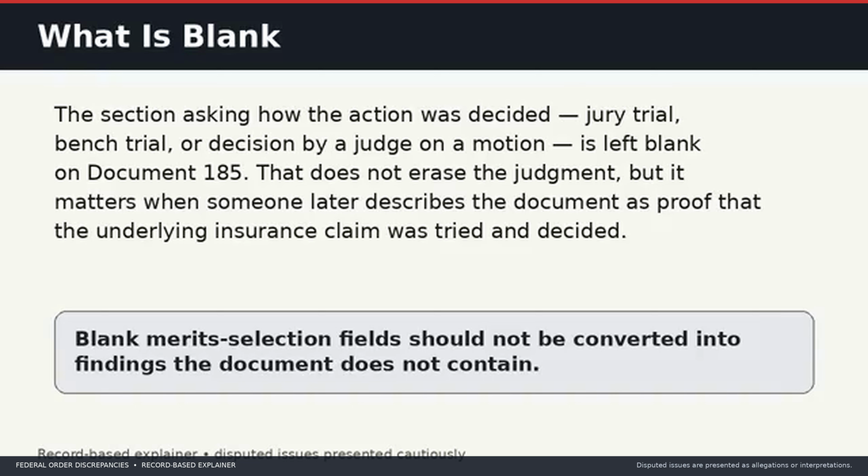Document 184 is Judge Ezra's signed order. It adopts the magistrate judge's recommendation, grants the motions to quash and sanctions relief, dismisses the claims with prejudice under Rules 37 and 41, awards reasonable expenses, and directs the clerk to enter a judgment.